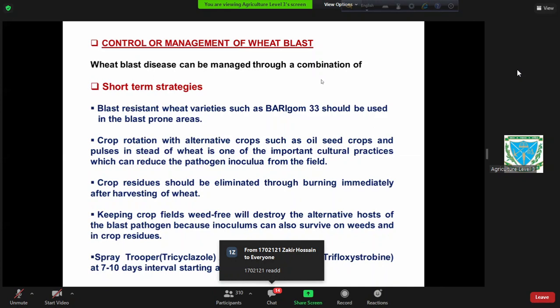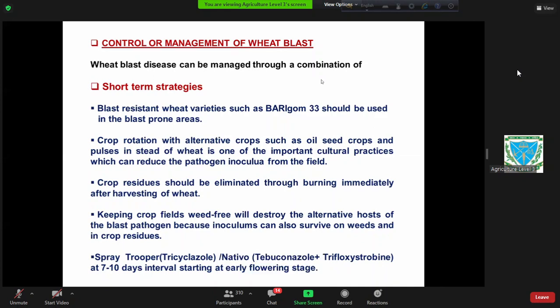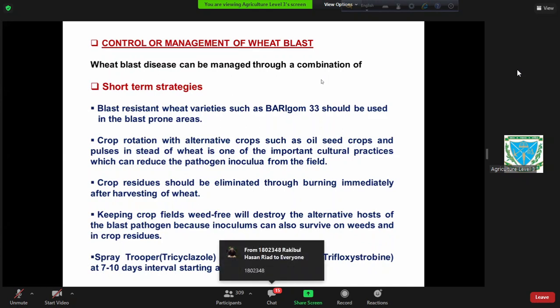In those areas, we have to encourage farmers to grow Bari Gom 33. And then rotation should be fine. Wheat after wheat is not expected. So you can suggest that farmers go for rotation with oilseed crops and pulses instead of wheat.